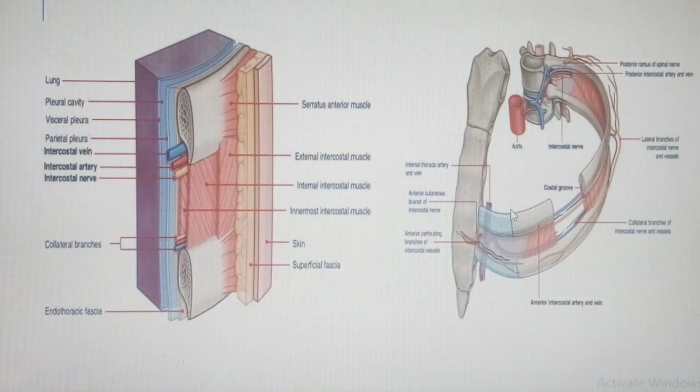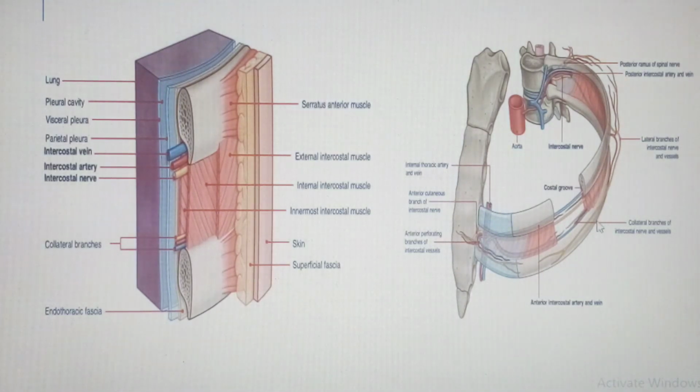For the anterior intercostal arteries, we've seen that the first 6 will come directly from the internal mammary artery. Then the lower 3 will come from the musculophrenic artery. For the posterior, the upper 2 will come from the supreme, or highest, intercostal artery, which is the inferior branch of the costocervical trunk.